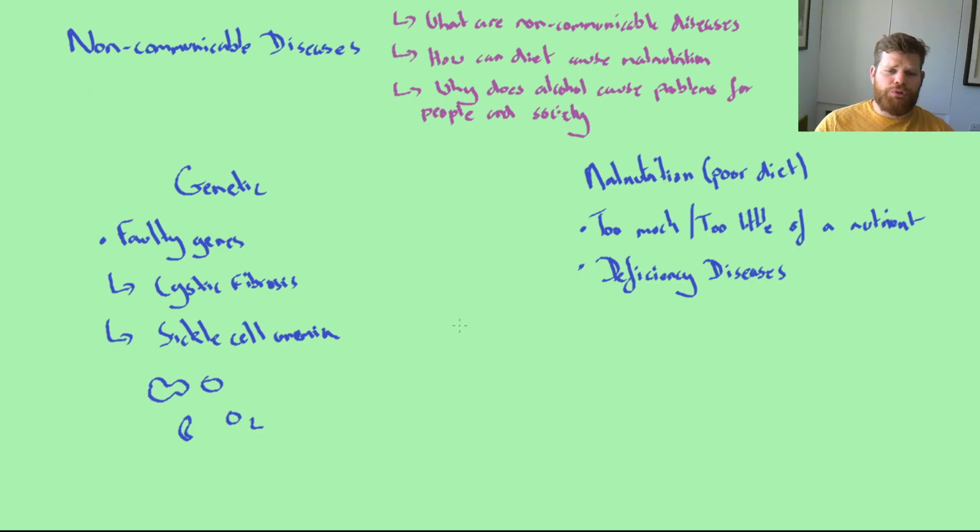So the different nutrients, or lack of nutrients, that we're going to talk about are protein, vitamin C, vitamin D, or also calcium for this one, and last but by no means least, iron.